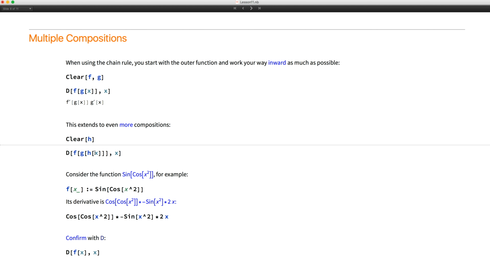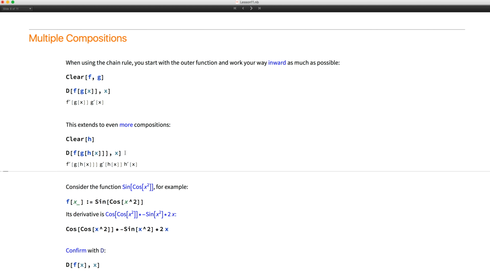So let's say you got f of g of h of x like over here. Then derivative is going to be h prime x, and then g prime at h of x, and then f prime at g of h of x. So in every case, you fix the remaining functions or variables and work out derivative.